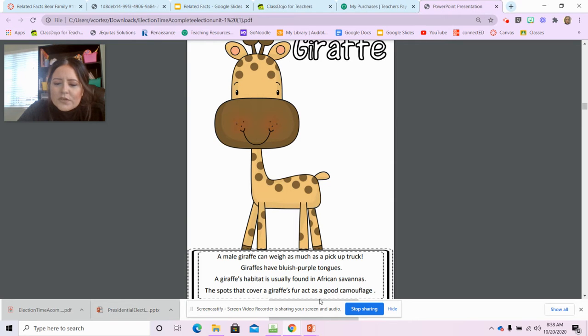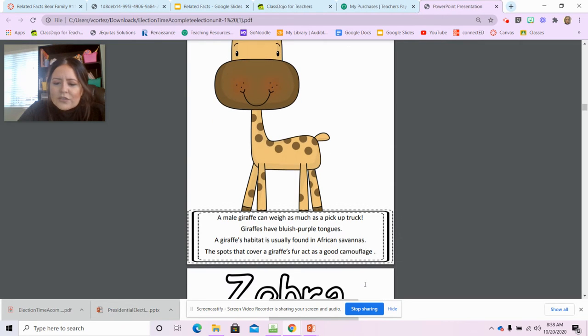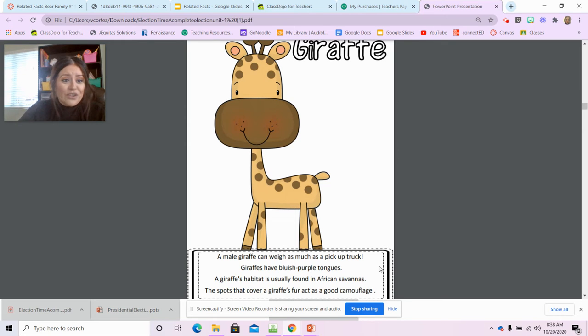The spots that cover a giraffe's fur act as good camouflage. And if you don't know what camouflage is, it's when an animal hides like in a bush or a tree or the dirt, and their skin makes it seem like they're part of the tree or the bush or the dirt so that predators won't see them. So if a predator's walking by, they see the dirt and they're like, that's just dirt, and they keep walking, but really it might be like a giraffe hiding there, right?